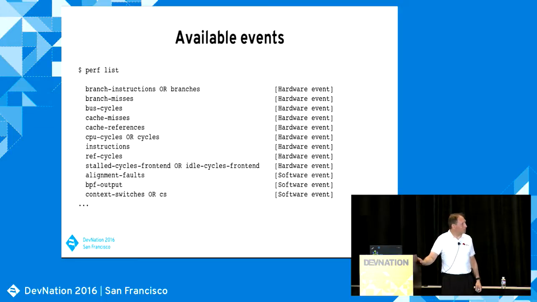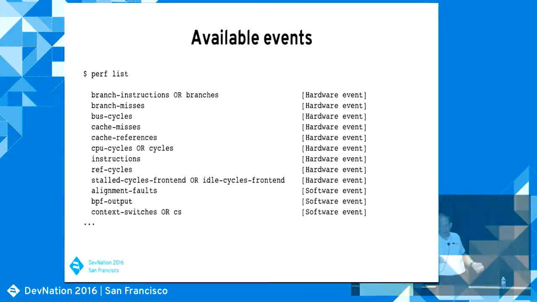To get an idea of what's available on the machine, there's a command, perf list. This is going to give you a list of the events. I've truncated it because there are a lot more events than these, but it gives you an idea of what is available.